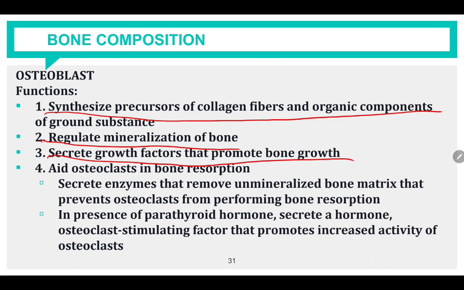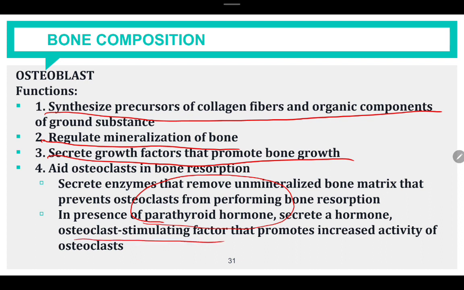Okay, it secretes enzyme that remove unmineralized bone matrix that prevents osteoclast from performing bone resorption. In presence of parathyroid hormone or your PTH, it secretes a hormone, osteoclast stimulating factor, that promotes increased activity of your osteoclast. So ibig sabihin, kapag the body is needing calcium, the parathyroid gland will release a parathyroid hormone that will now secrete the osteoclast stimulating factor.